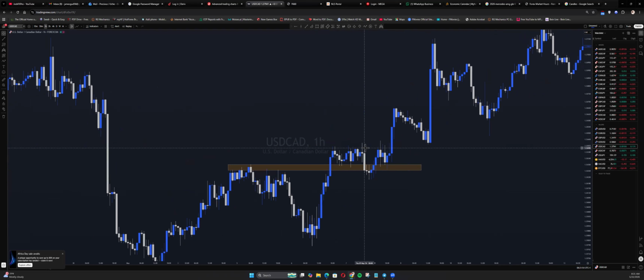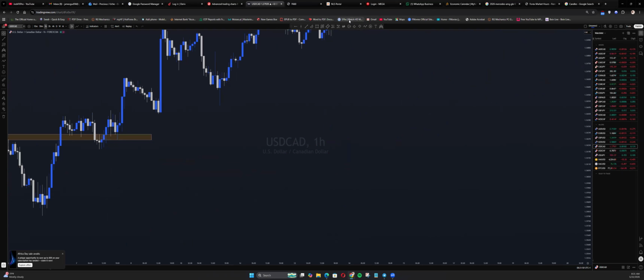Okay, so I'll first draw a structure for you here. Let me draw the structure based on what I'm seeing. So we have this, then we have this, which came back somewhere here.